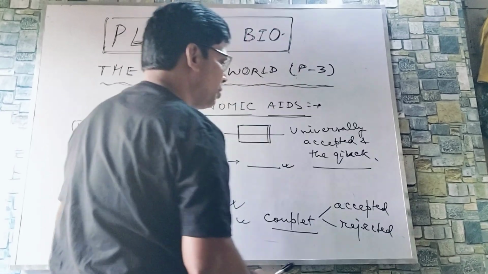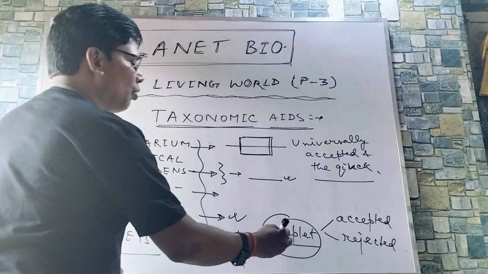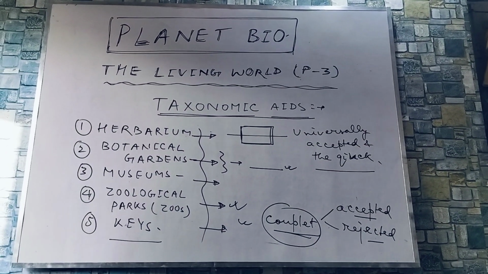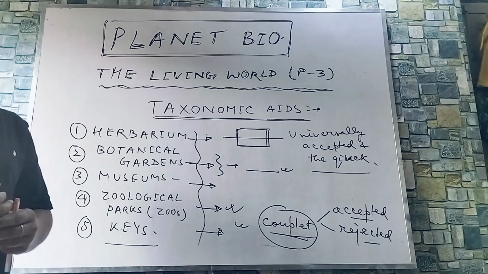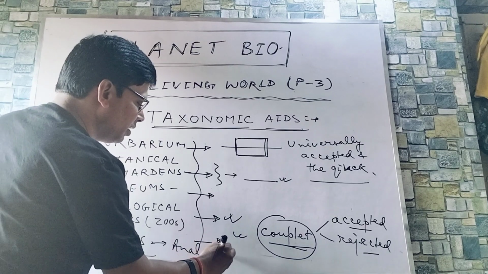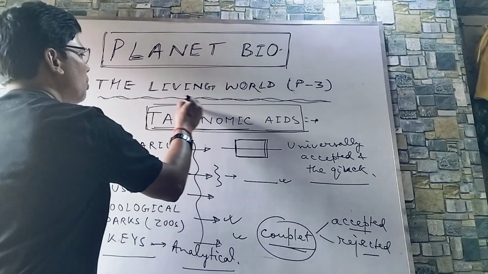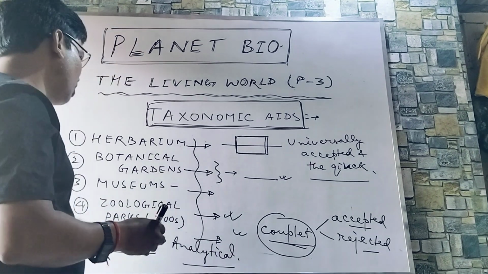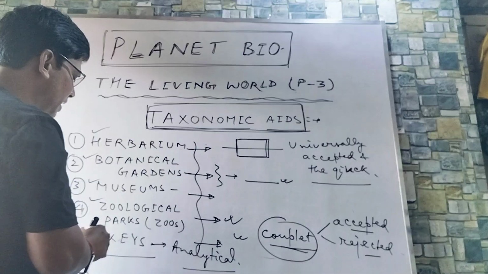Always the contrasting characters are mentioned in a pair called couplet. This is separate for family, genus and species, and the nature of keys is generally analytical. So these are the most important taxonomic aids which help in identification and classification of living organisms: herbarium, botanical gardens, museums, zoological parks, and keys.